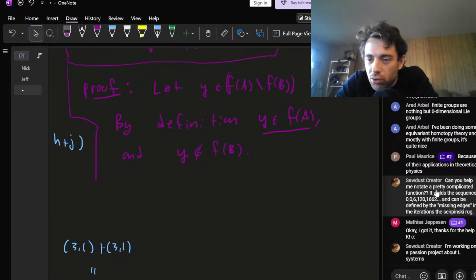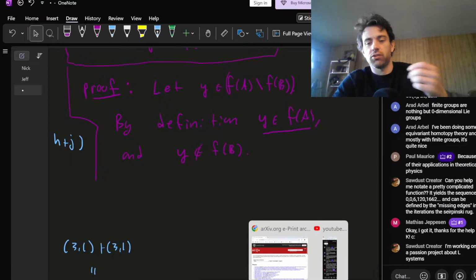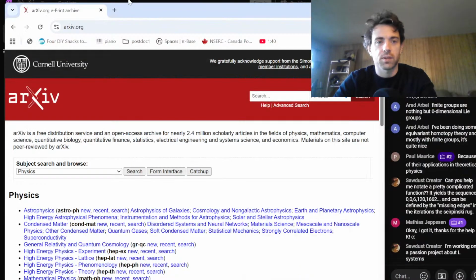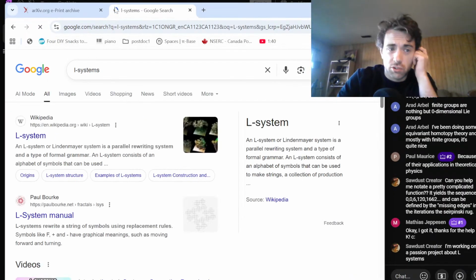Can I help you notate a pretty complicated function? It yields the sequence and can be defined by the missing edges in the iterations of the Sierpinski rug. What are L systems? What's the Sierpinski rug? L systems.